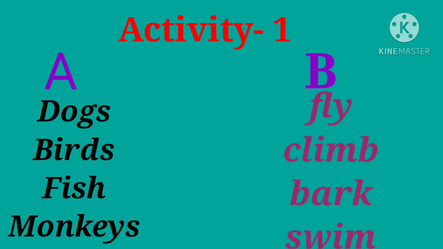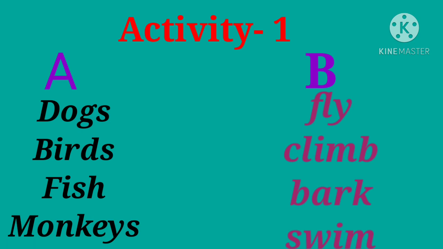In column A, you see dogs, birds, fish, monkey. And in column B, fly, climb, bark, swim. Okay? Complete?